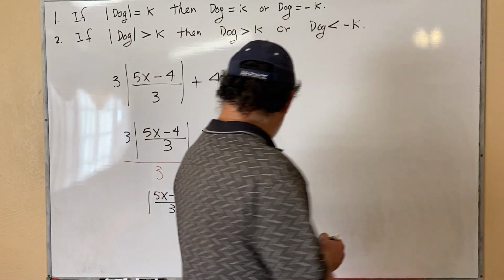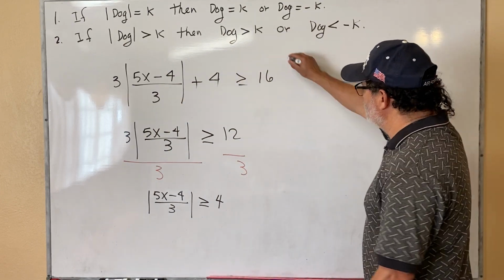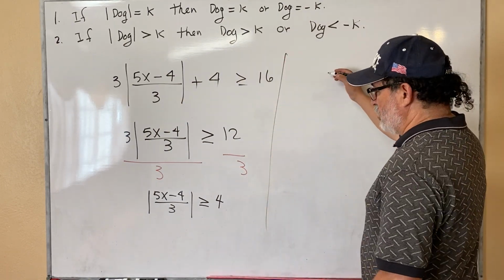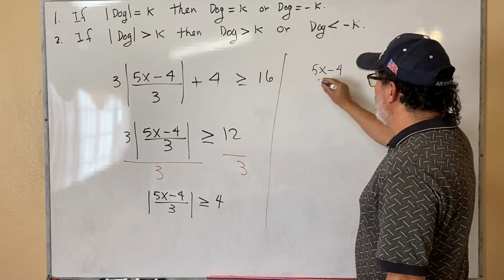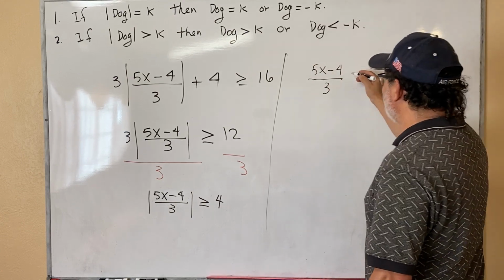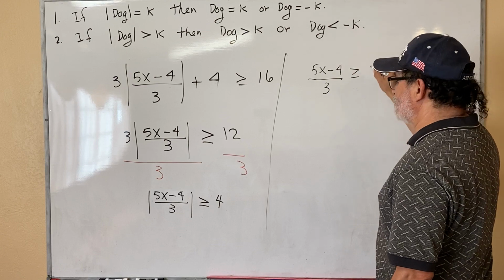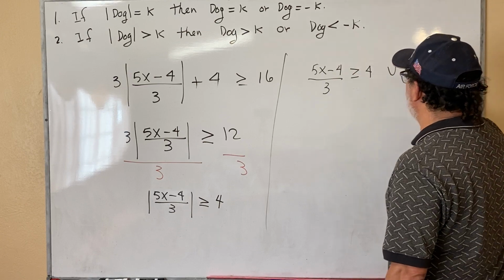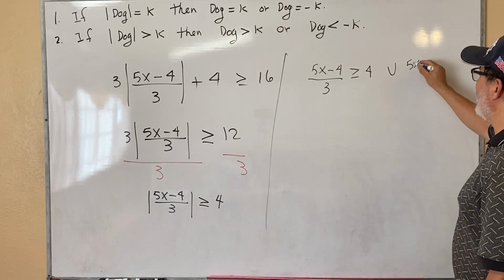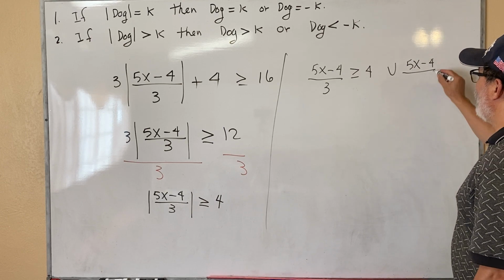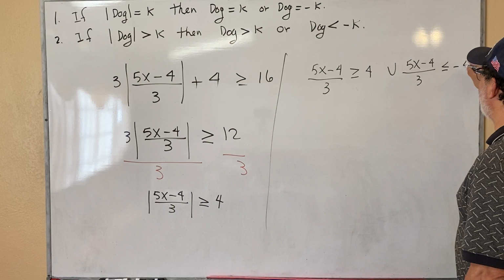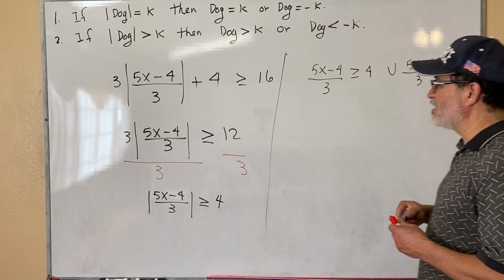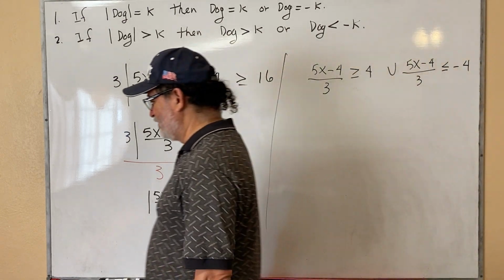So the dog, 5x minus 4 over 3, is greater than or equal to the constant, which is 4, or 5x minus 4 over 3 is less than or equal to the negative of the constant. There you go.